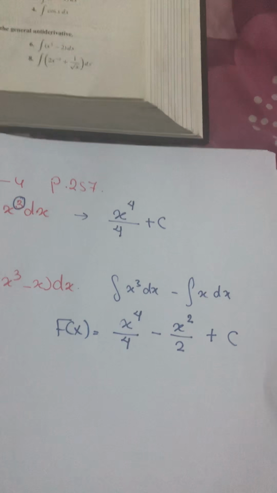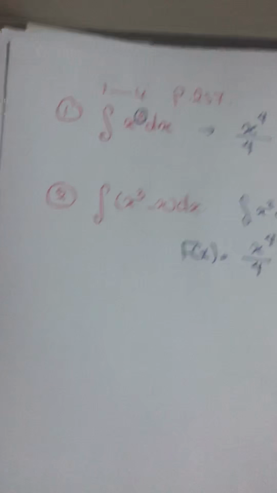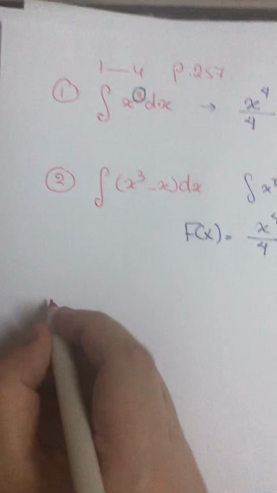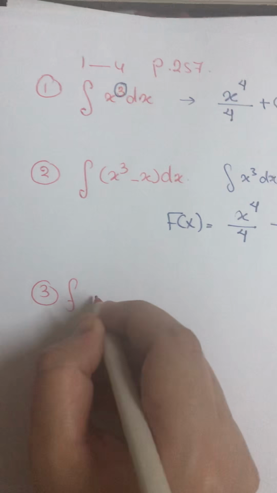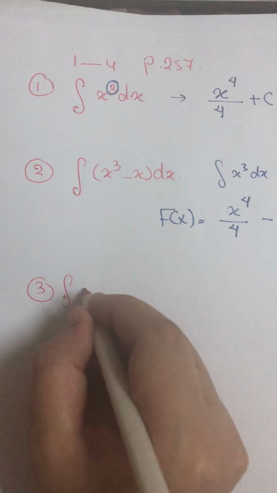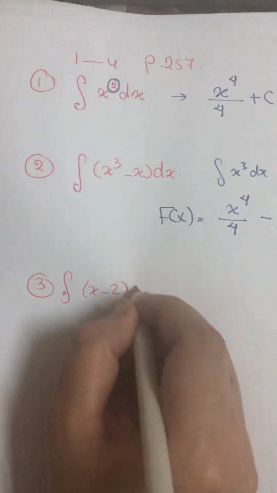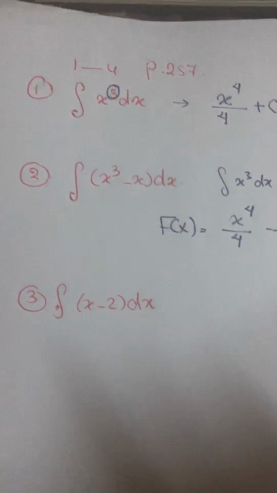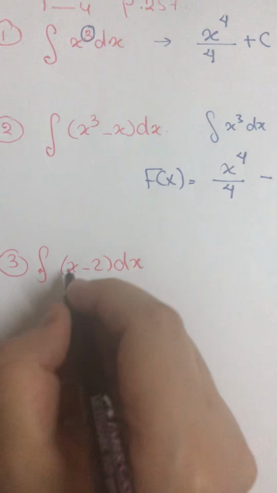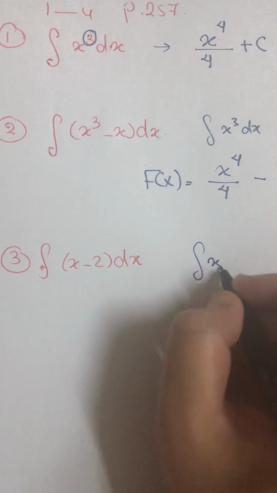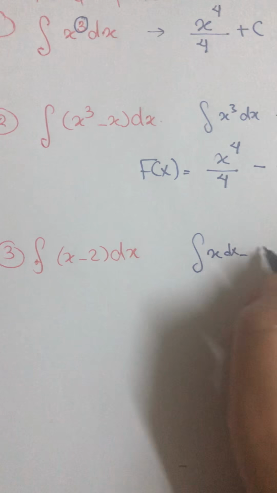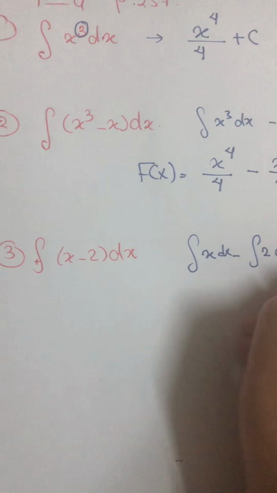Okay, question number 3. They want the integral sign of x minus 2 dx. So the integral, again, I can write it this way: integral x dx minus integral 2 dx.